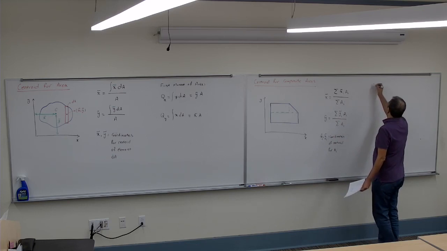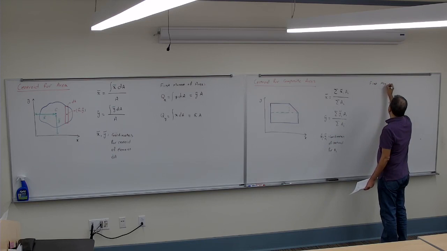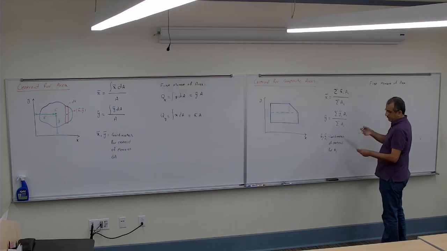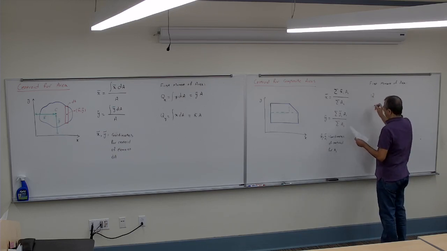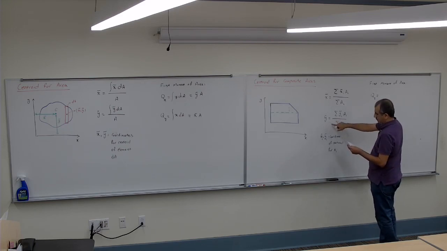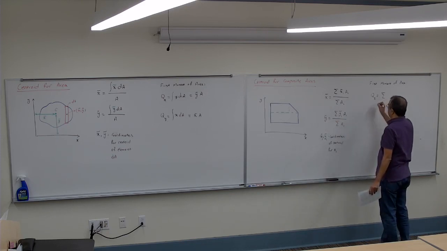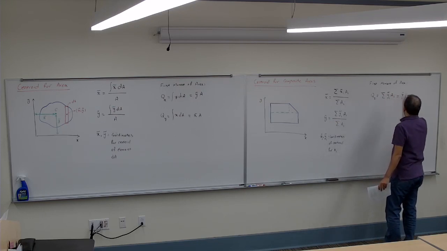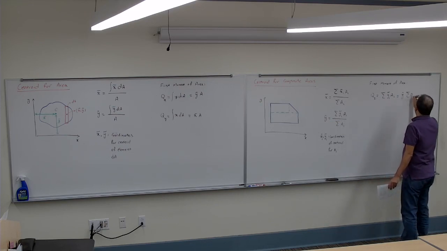And then, the same as there, if I want to calculate the first moment of area, it's similar to that. Q about the x is going to be sigma y tilde i A i, which is y bar times sigma A i.